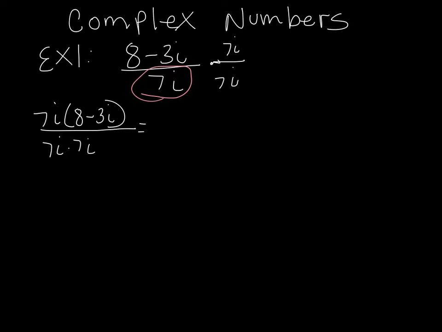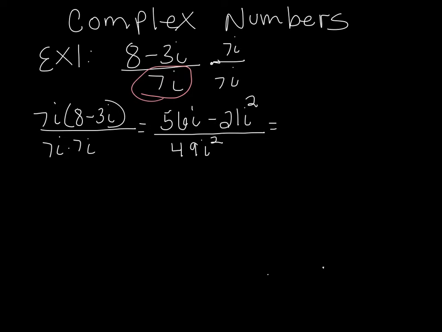So you have 8 times 7, so 56i minus 21i squared, okay, all over 49i squared. And then we continue to simplify this.